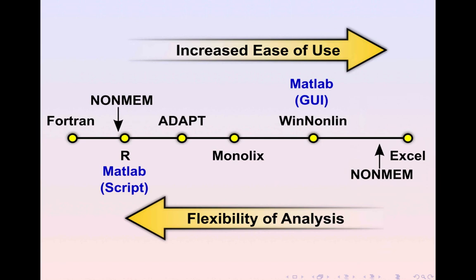But if you look at them on a continuum, generally speaking, on one end of the continuum you have the most flexibility, and that's over here on the left. And on the right, as you lose flexibility, you increase the ability of the programs to be used. You increase its ease of use. And so I've placed things where I would consider them to remain relatively on this continuum.